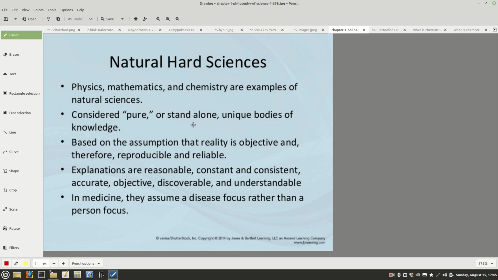So technically I'd say this is an incorrect statement when it says math right here, but we'll let it slide. Considered pure, standalone, unique bodies of knowledge. Not important for what we're doing. I'm more interested in realizing that physics and chemistry are the hardest sciences.